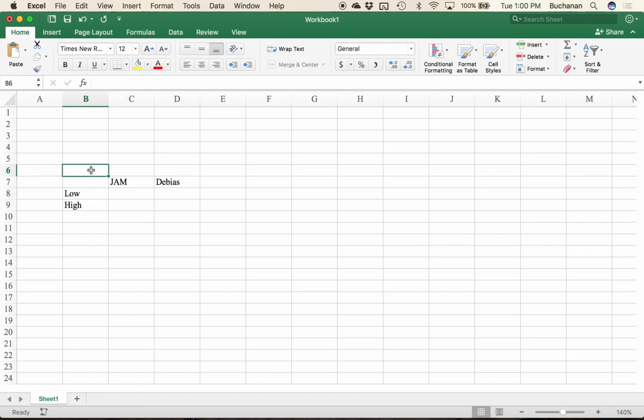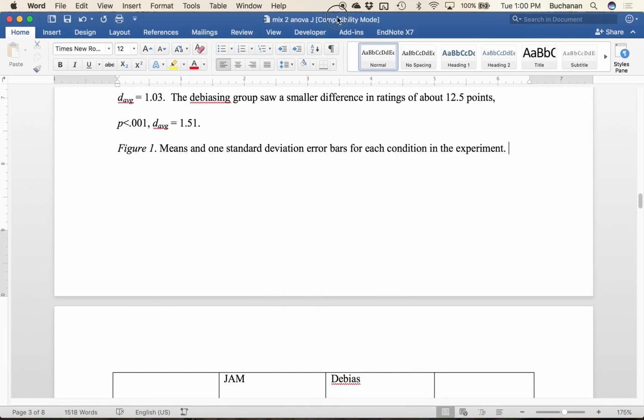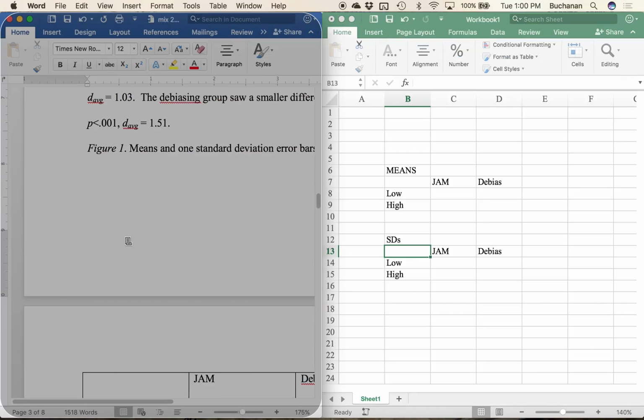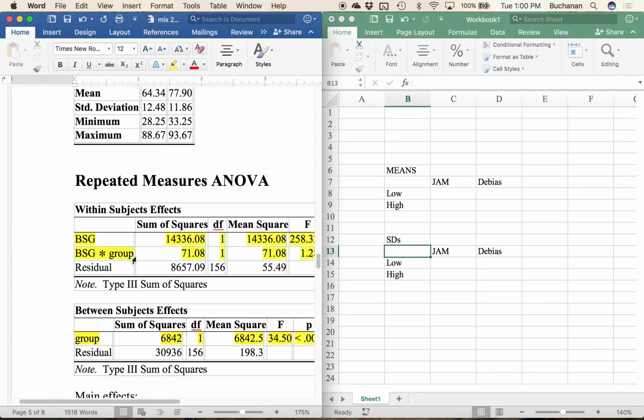And we're going to do that same thing, so this is going to be our means. We're going to do the exact same thing down here and do standard deviations. Just kind of moving this over here. We can pull these from our table that we just made, or I can pull these from the descriptives box.